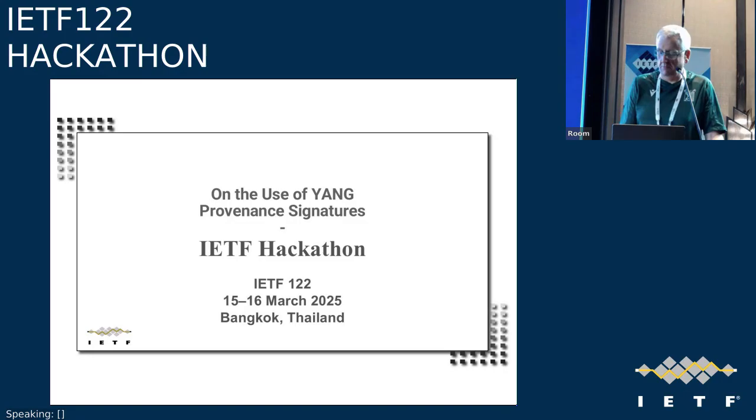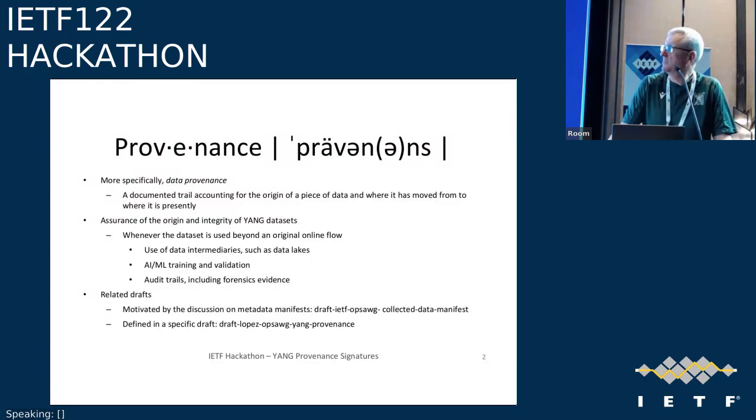Very good. So basically, the idea of this project was to bring a reference implementation we have started to work on, oriented to this provenance idea that we started some time ago. For provenance, what we want to guarantee is the origin of YANG datasets whenever they are going to be reused or reapplied or used as evidence for whatever the purpose.